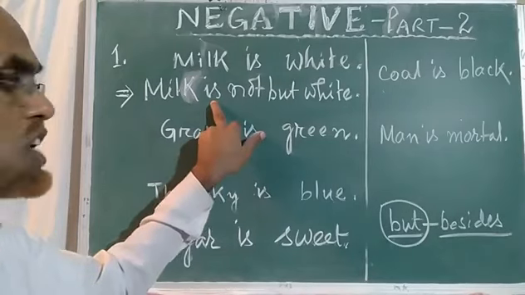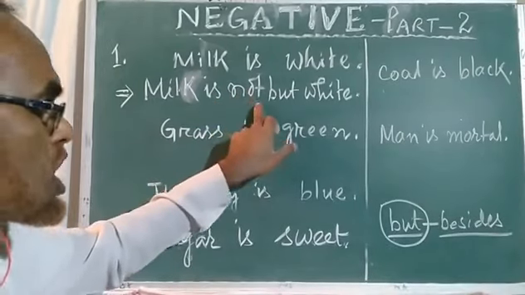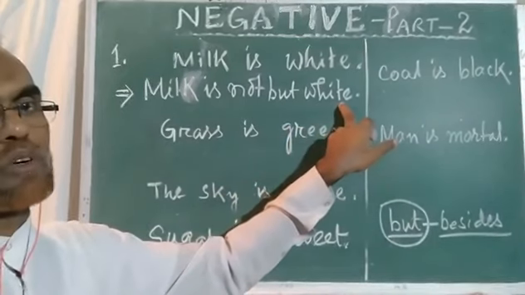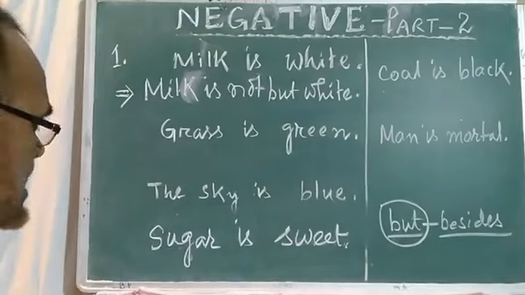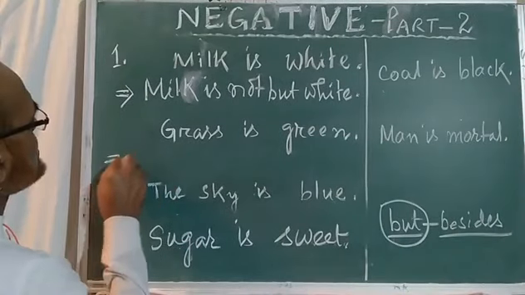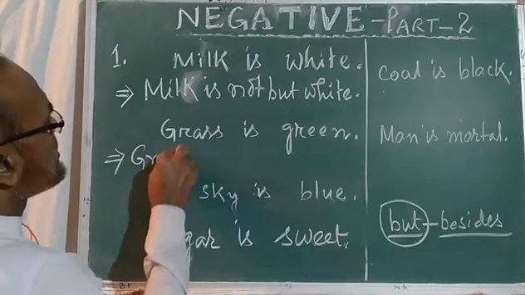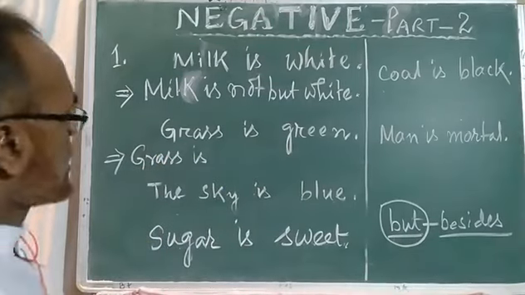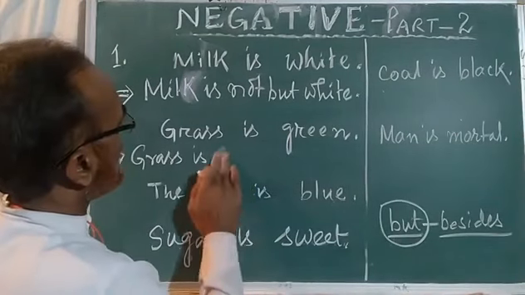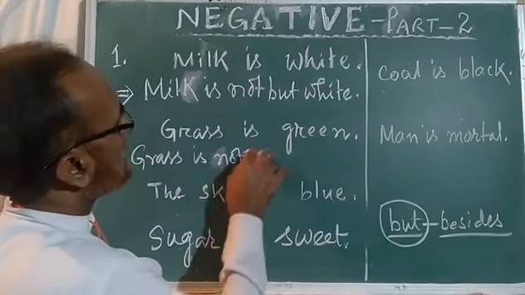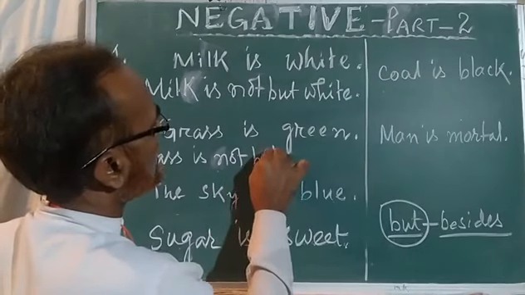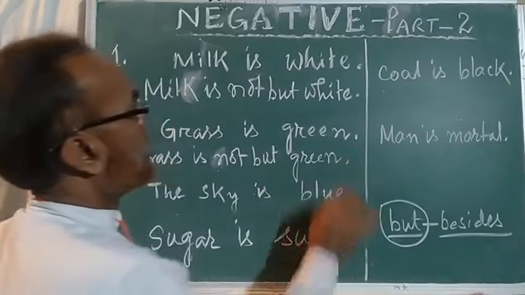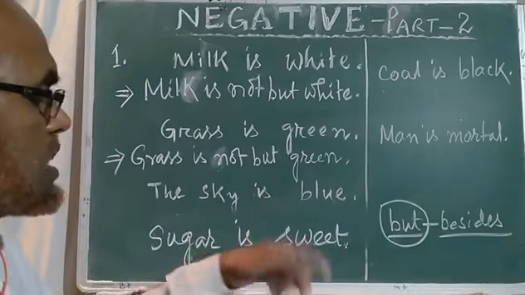Just after the auxiliary we will add not but, and then the remaining parts of the sentence we will write. The second sentence, the subject is grass. After grass the auxiliary is, and after the auxiliary is not, after not we will add but. The grass is not but green. The grass is not but green.